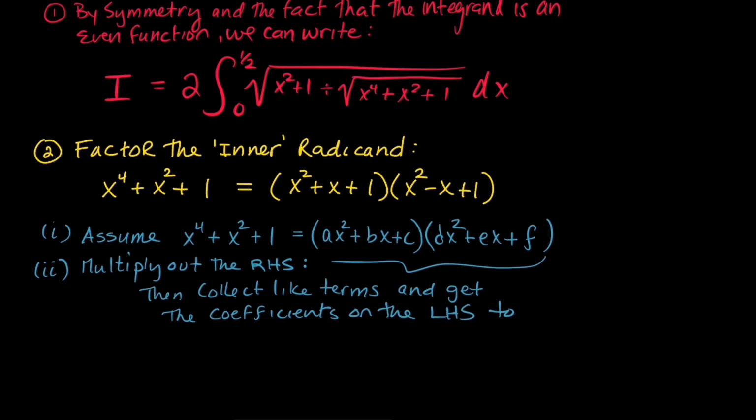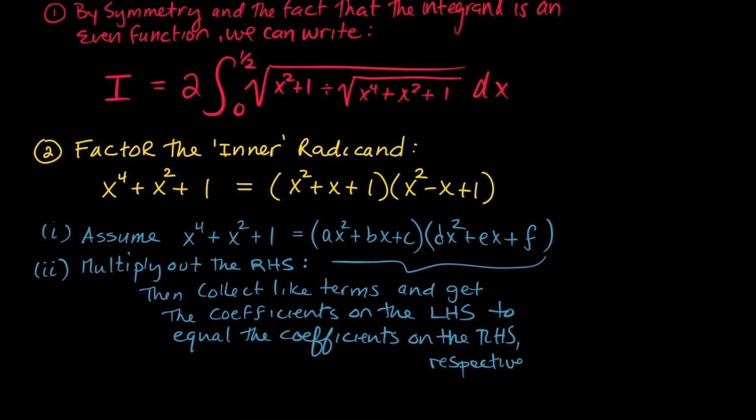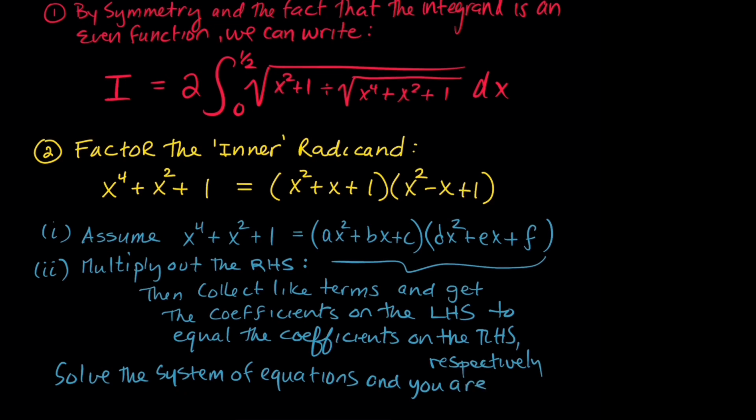By doing so, you would set up a little system of equations, all in terms of the coefficients. Once you solve those, you would find that a, b, and c were equal to 1, and d is equal to 1, e is equal to negative 1, and f is equal to positive 1. So there you go.